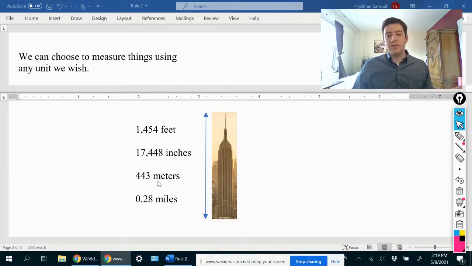If we were measuring in meters, which is a little bit more than a yard, a little bit more than 3 feet, then it would take 443 of them to get to the top of the Empire State Building. If we wanted to measure the height in miles, well, the Empire State Building is tall, but it's not even 1 mile high. So the measurement in miles would be 0.28 miles.